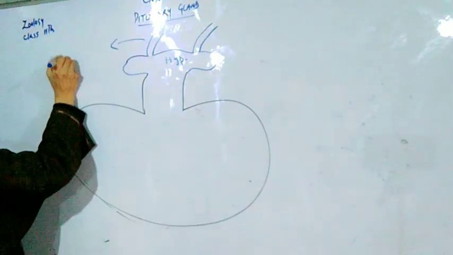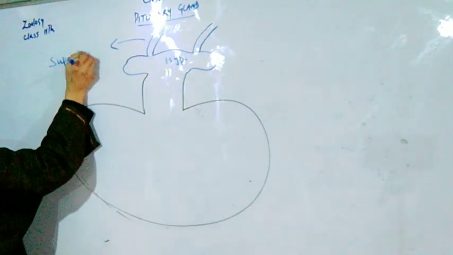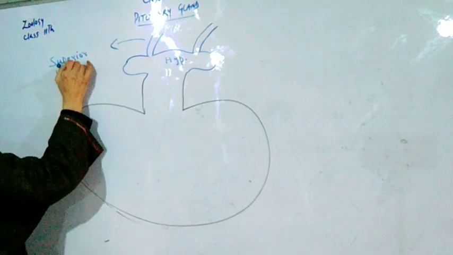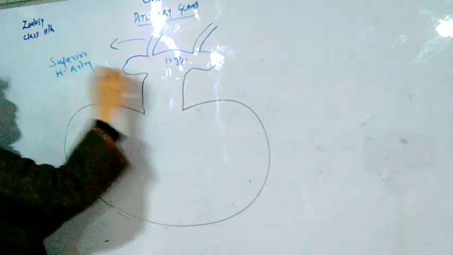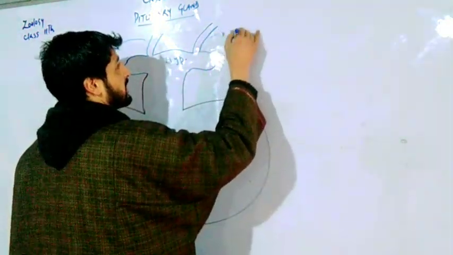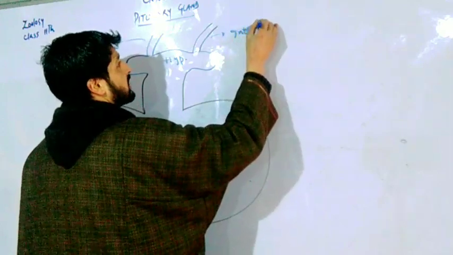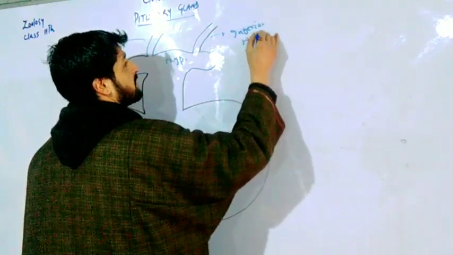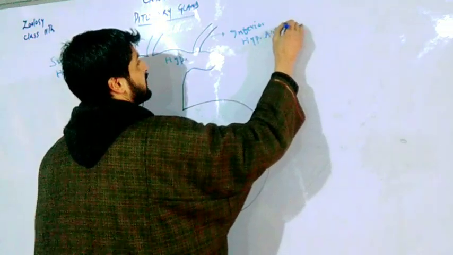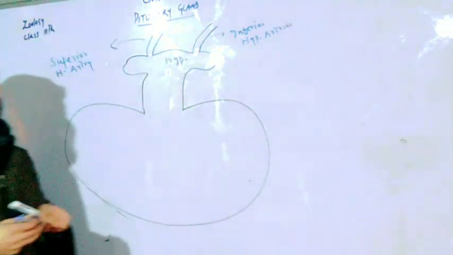One is called the superior hypothalamic artery, and the second is known as the inferior hypothalamic artery. These arteries supply the hypothalamus.